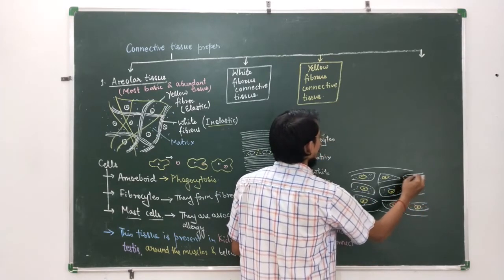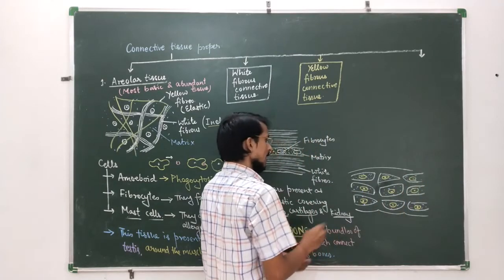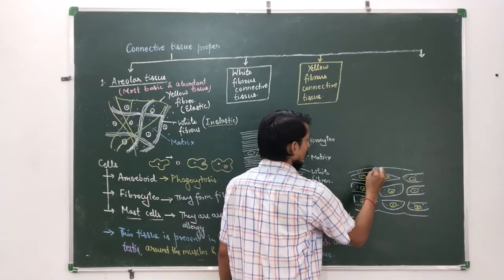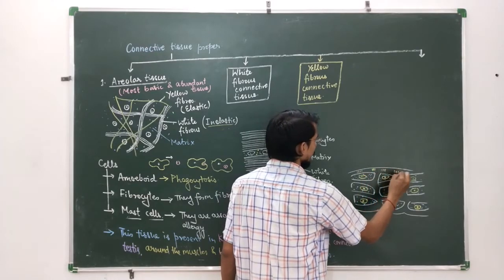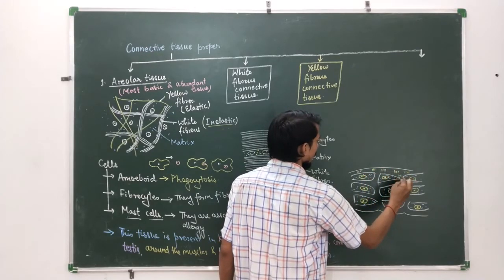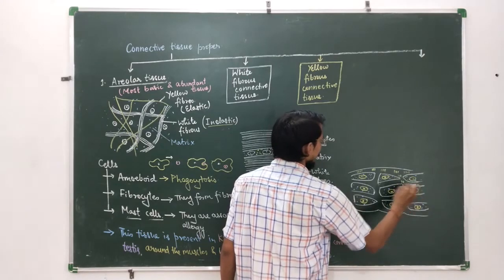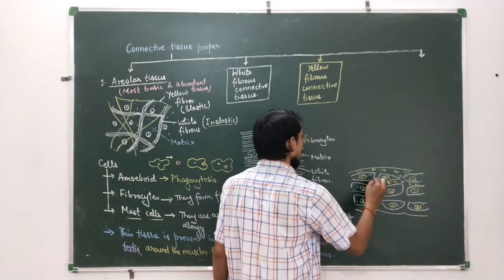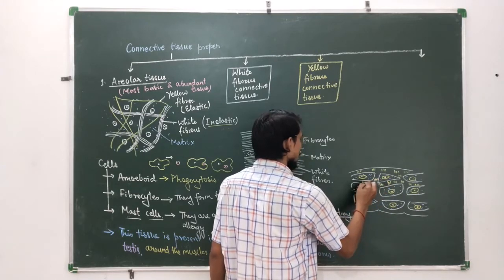and in the structure you will see yellow fibers, thick yellow fibers in the whole structure like this. These are yellow fibers. Yellow fibers are elastic.